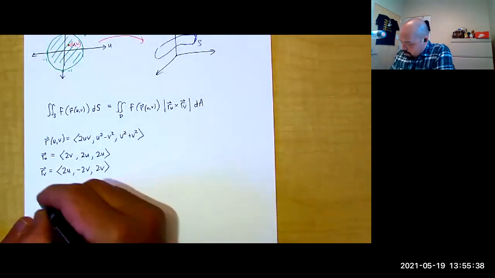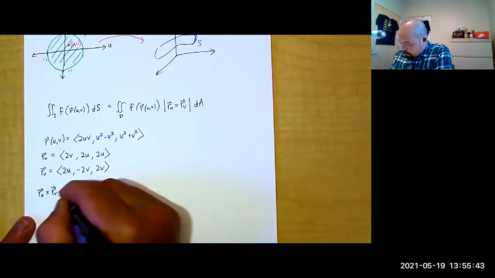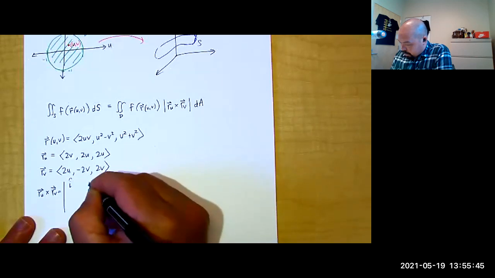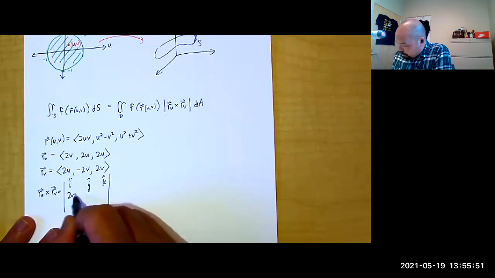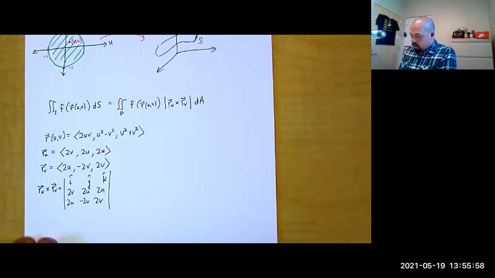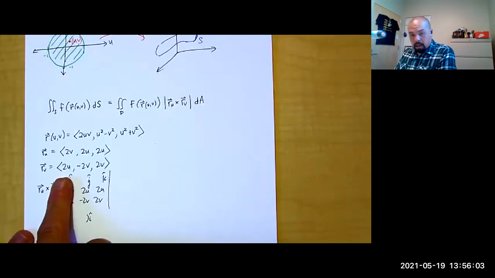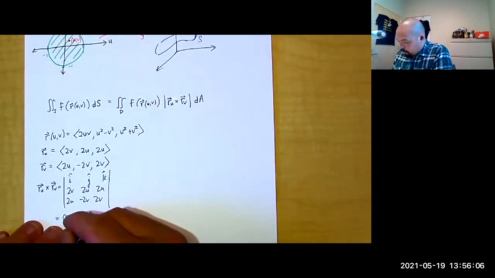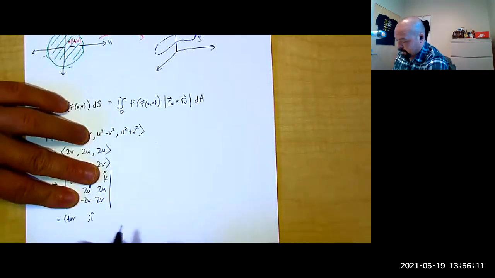So doing my cross product of those, i, j, k across the top, then row r sub u, 2v, 2u, 2u, and row 2u, negative 2v, 2v. Computing here, for i: 4uv minus a negative, so that turns into plus 4uv.